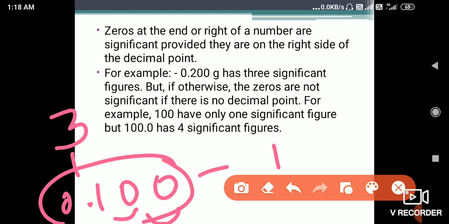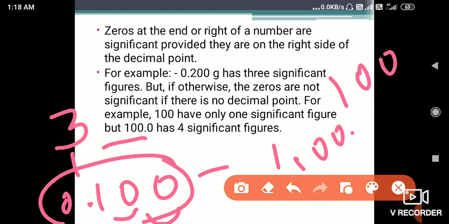And there is one more example given, that is 100.00. In simple maths or common language, if it is given as 100 or 100.00, we say there is no difference because the value is the same. 100 is here and 100.00 is also the same.